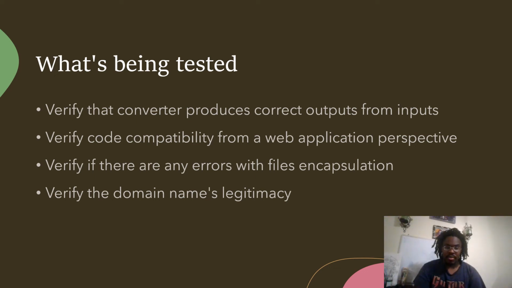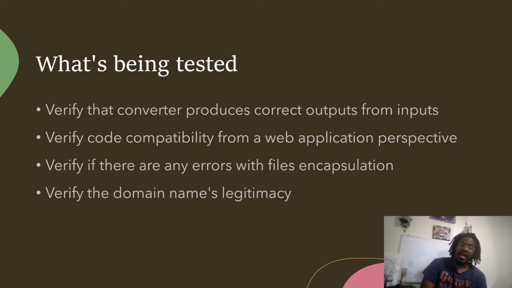We also want to do that within the actual website and make sure that the converter is good, and that when you go on the website, it works the same as when it's not on the website.